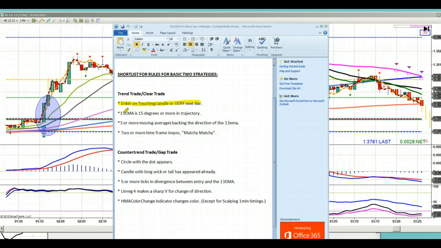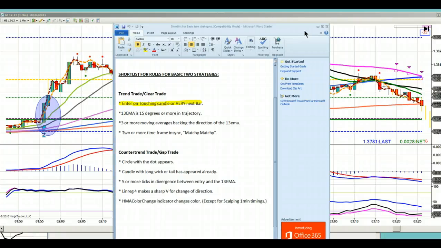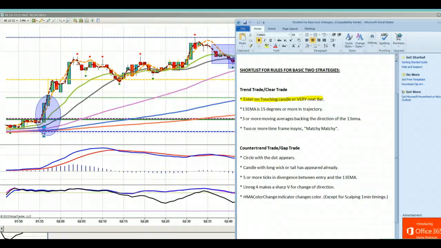In terms of timing, you want to enter as close to the 13 EMA as possible. Now, when I say as close to the 13 EMA as possible, this is where all the engineers bring out their rulers and start asking me for millimeters.